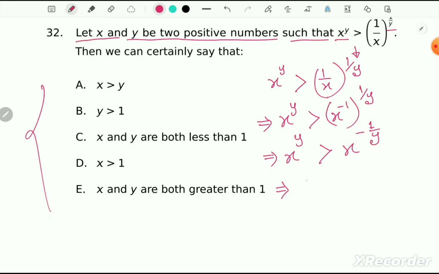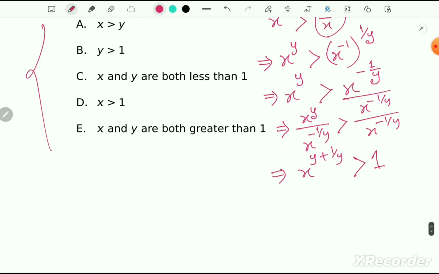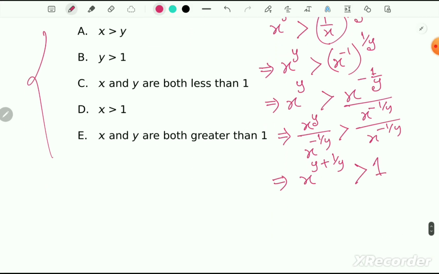Then what we can do, just multiply both sides by this term to make on one side a single number. So to do that, we can do this way, minus 1 by y greater than x power minus 1 by y. So it becomes, this side we can write y plus 1 by y greater than 1. So this is our final inequality.